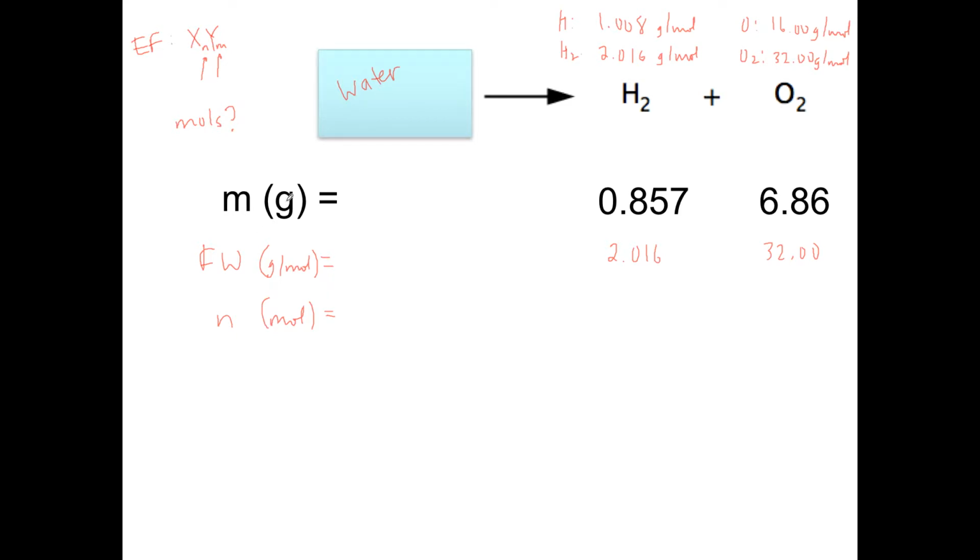If I take grams and divide it by grams per mole, the grams are going to cross off. You see that? So this is going to be 0.857. I've got to do this with my calculator here. 0.857 divided by 2.016 is 0.4251.